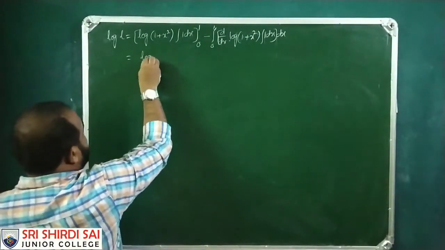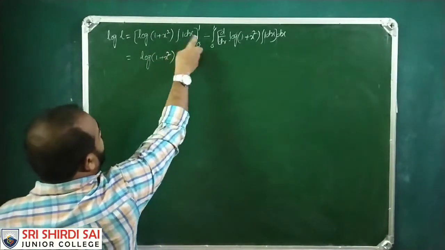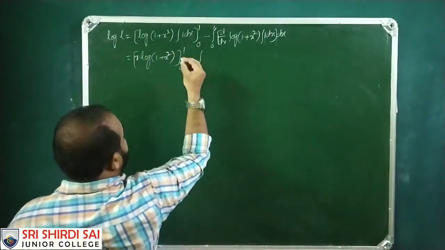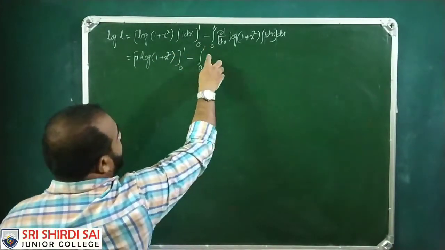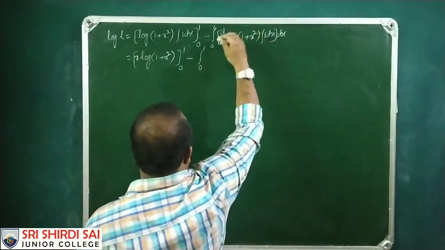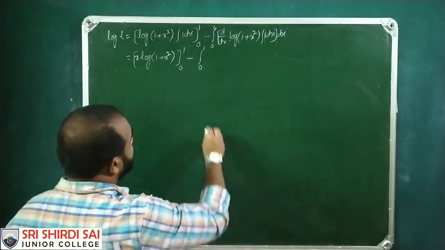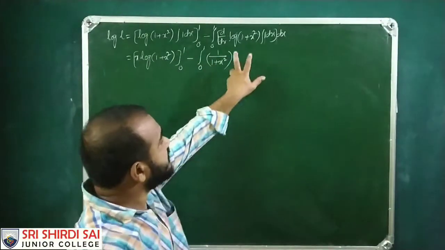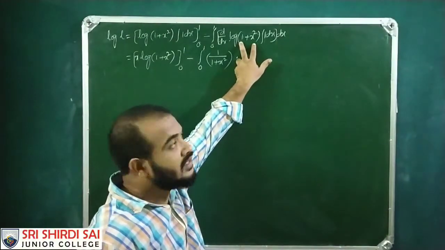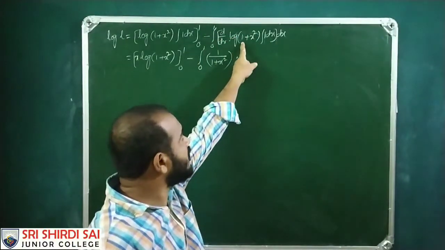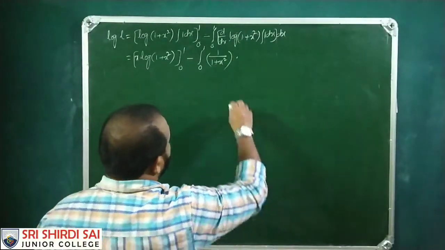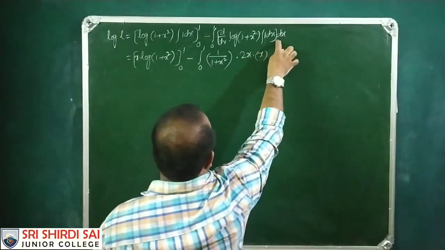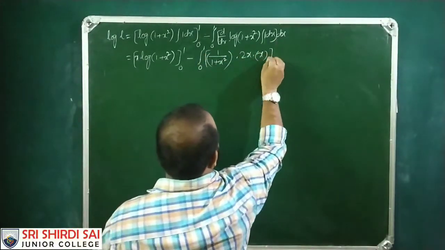The integral of 1 dx is x, from 0 to 1, minus the integral from 0 to 1 of d by dx of log(1 + x²). Let us suppose 1 + x² to be x; the derivative of log x is 1 by x. So 1/(1 + x²), and since this was treated as x, we differentiate it later: derivative of 1 is 0, x square's derivative is 2x, into the integral of 1 dx which is x, whole dx.